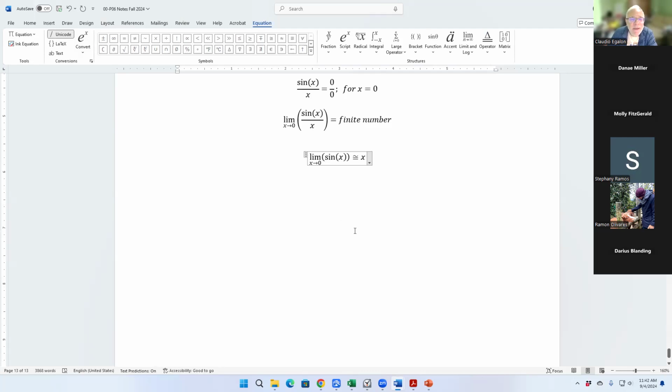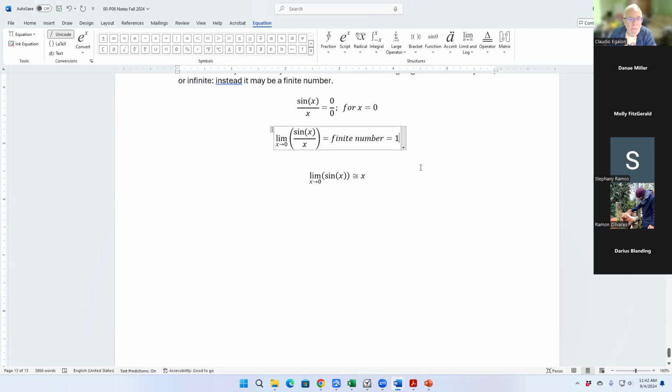That's why you end up having the number 1. This finite number here would be 1, and I proved that using Excel.